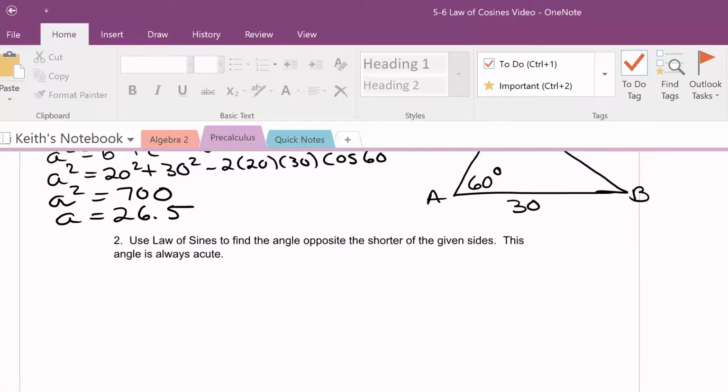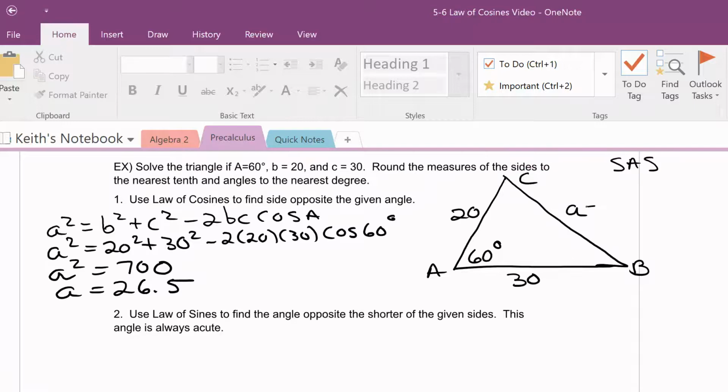Then, since we now know side A is 26.5, it wants us to use the law of sines to find the angle opposite the shorter of the given sides, because that is always acute. So we're going to find angle B. We're going to go 20 over sine B equals 26.5 over sine 60.